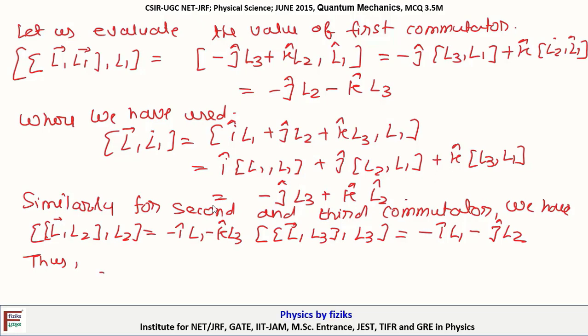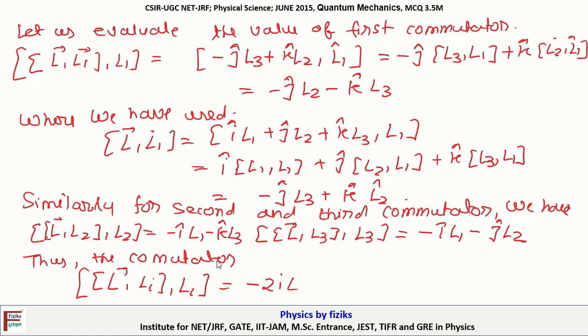Thus, the commutator L vector with Li equals minus 2i cap L1 minus 2j cap L2 minus 2k cap L3, which equals minus 2L.